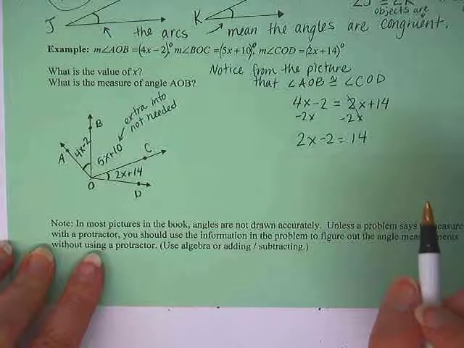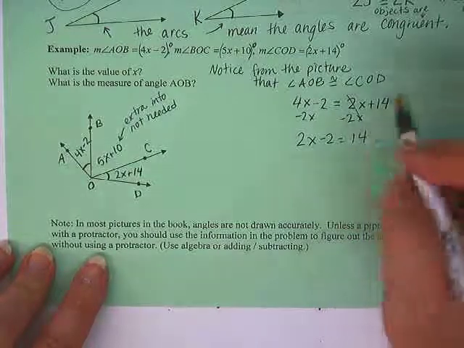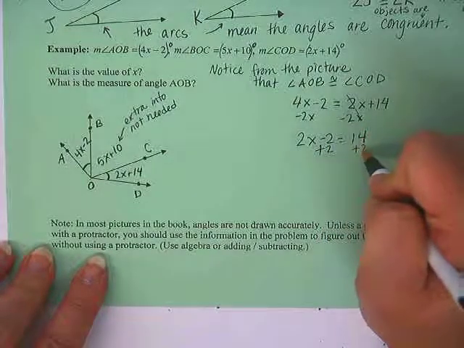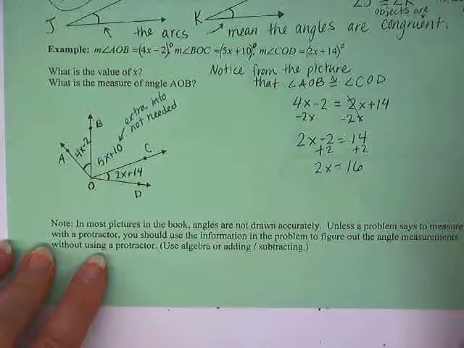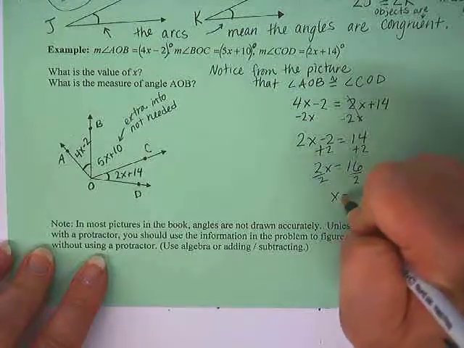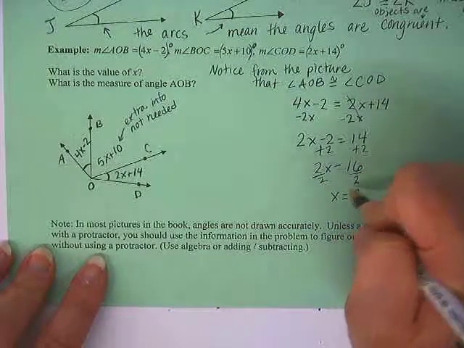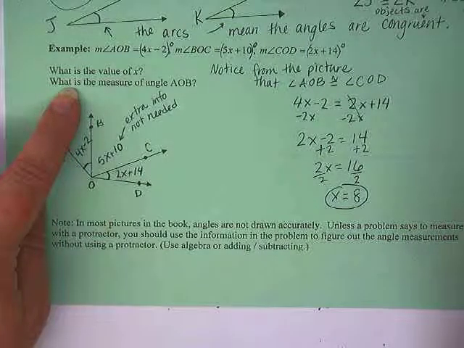How do we solve this algebra problem? Subtract the 2x. What's 4x minus 2x? 2x, and this one over here cancels out. Now what do we do? What's the next step? Good save.